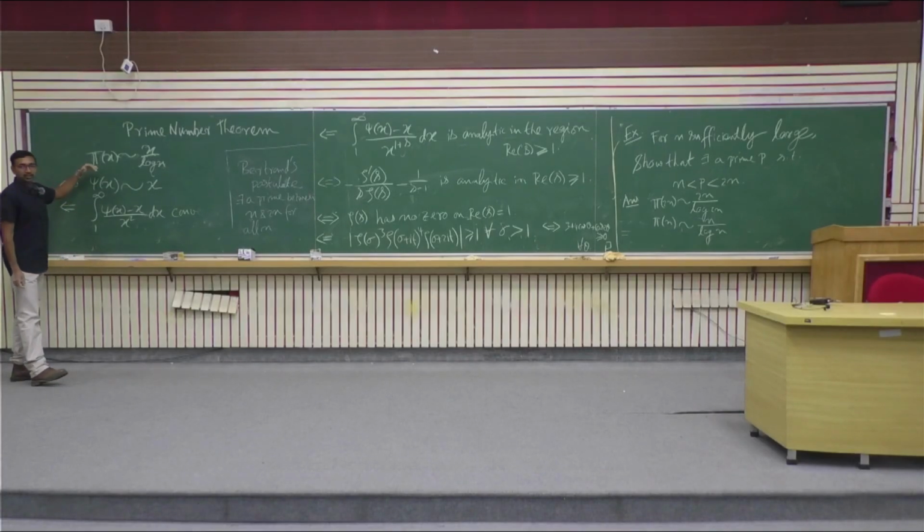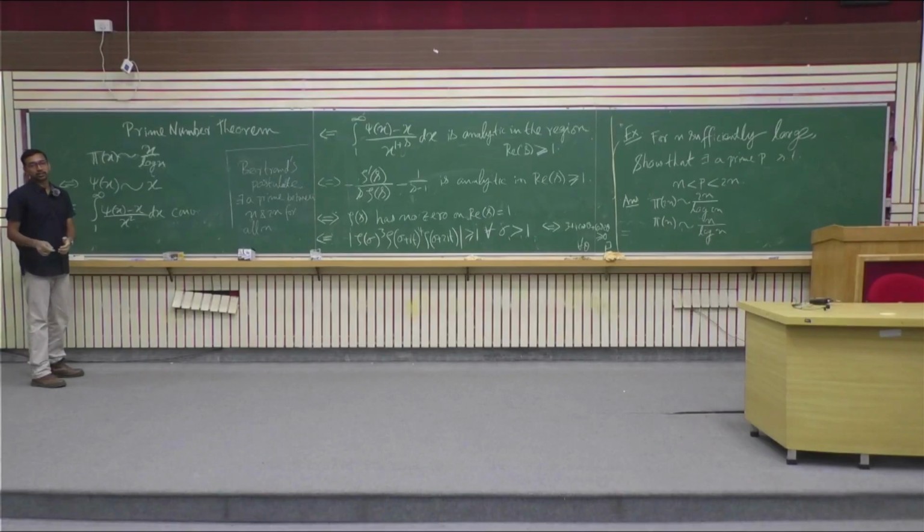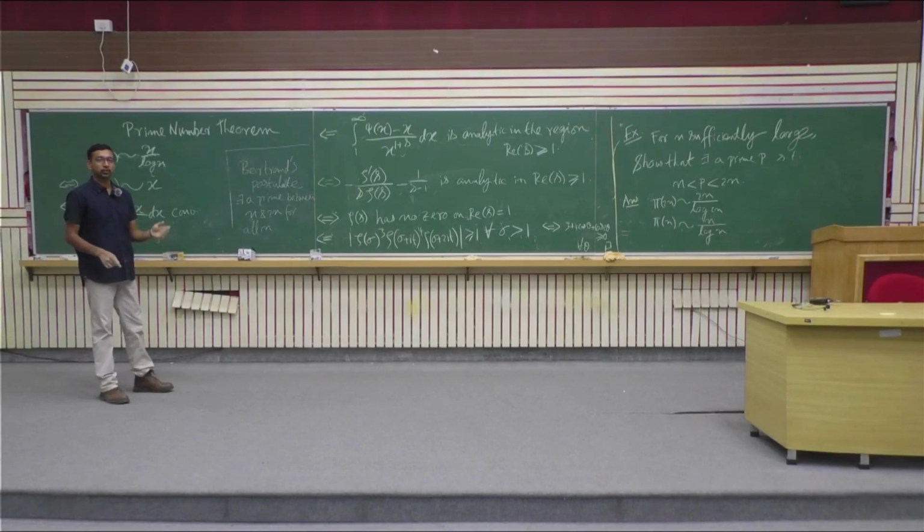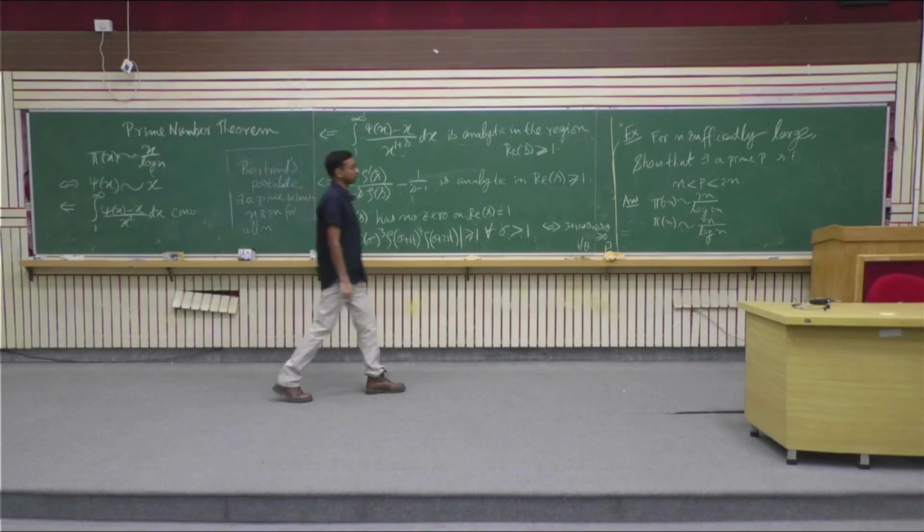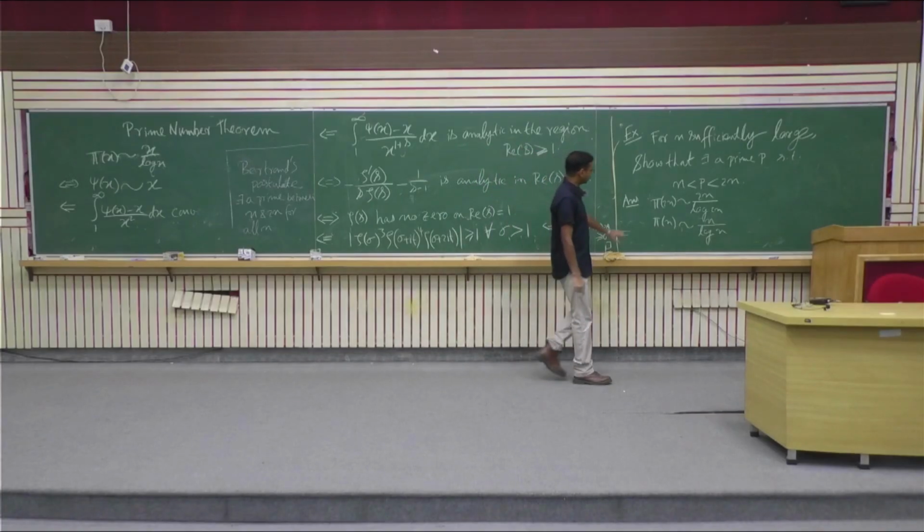Similarly, for x large enough, the ratio of this divided by this will be less than 1 plus epsilon, right? So instead of a and b in Chebyshev's theorem, you can now use 1 minus epsilon and 1 plus epsilon. So all you have to check is what is the precise size of epsilon which will give you that pi of 2n minus pi of n is positive. Okay, so please check that.